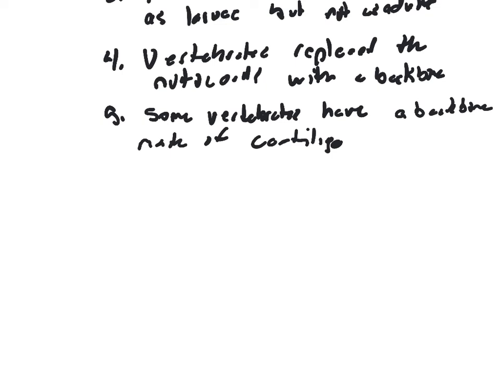It says, in the text, a few vertebrates have a backbone made of cartilage. And then it gives a description of what cartilage is. So I'm going to go here. One is cartilage, a connective tissue that is softer than bone. Because we're talking about cartilage.